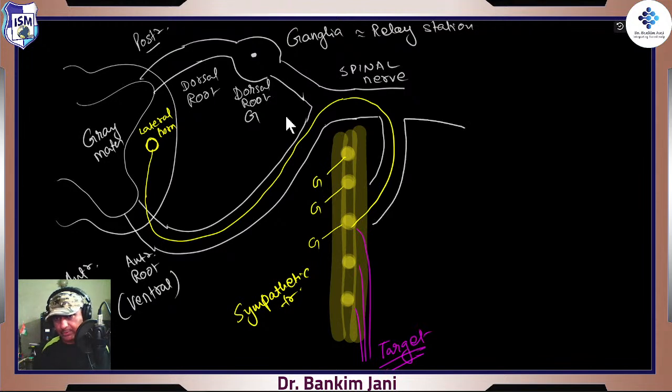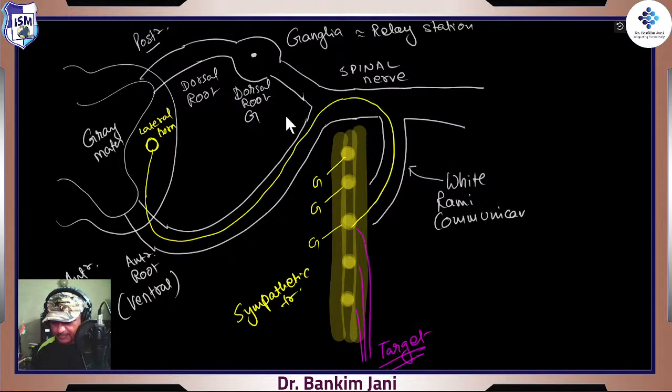And this continues. And this special path, which is carrying the preganglionic fibers to the sympathetic chain, is what is called the white rami communicants. Why are they white? Because there is myelin, right?